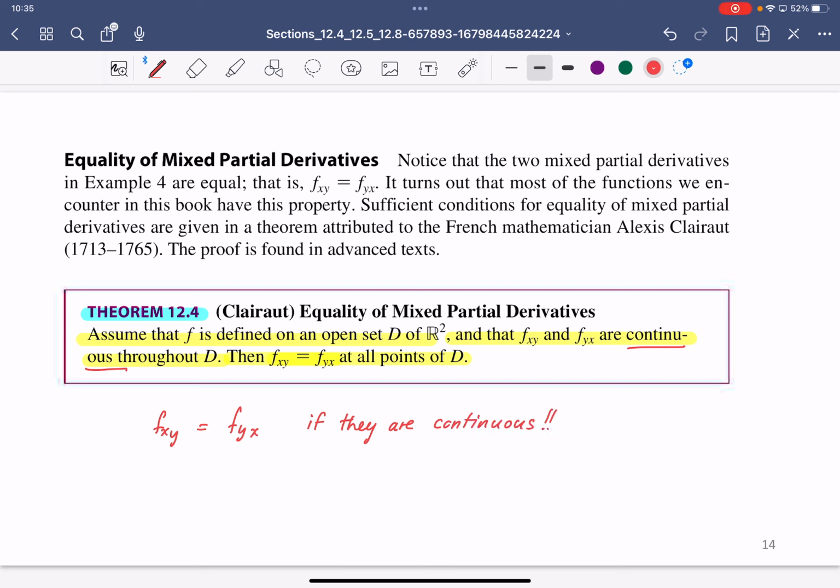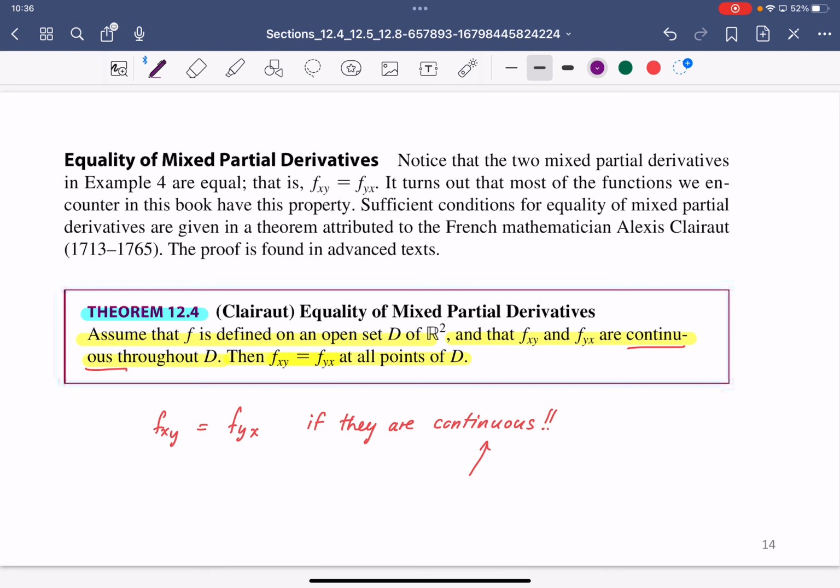So if you see continuous functions, you can swap the order of the derivative. You can start from x first or you can start from y first, it doesn't matter. So what does it mean by continuous?